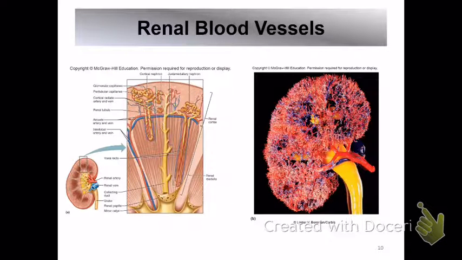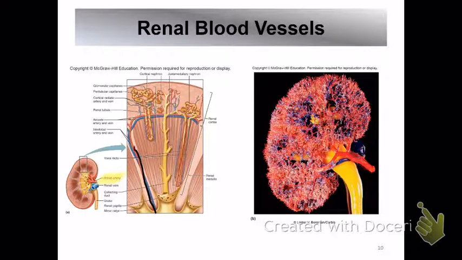Okay, so it's not shown on the picture, but just remember the abdominal aorta separates out into the renal arteries. Okay, and that's shown over here. There's your renal artery. Okay, then the renal artery enters. Now I'm going to switch over to this larger picture here, and you'll see the interlobar. So here they are.